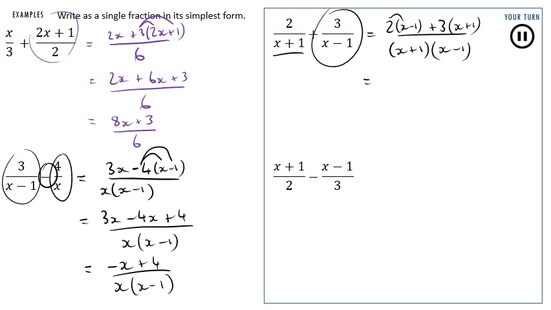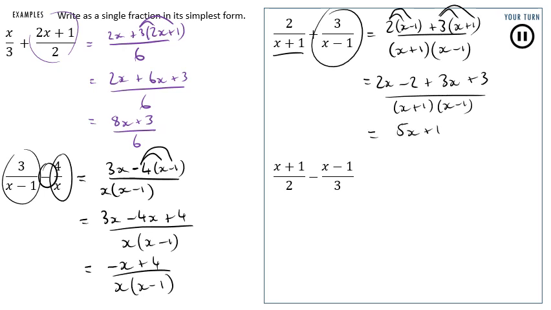We'll expand our brackets, so 2 times x and 2 times minus 1 plus 3 times x, 3 times 1. And as before, we'll keep the denominator here factorised, we'll keep it in the brackets.